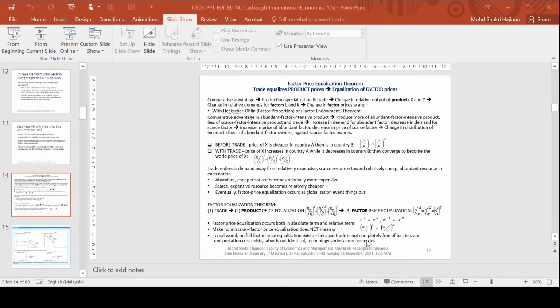The wages also: wages in America equal wages in Japan, equal wages in Burkina Faso, equal wages in South Africa. In fact, wages in the world, W, are also the same. That's absolute term. What about relative? Same: W over R in A equals W over R in B equals W over R in the world.